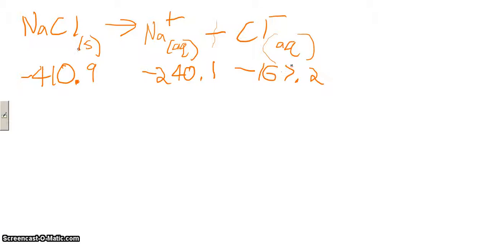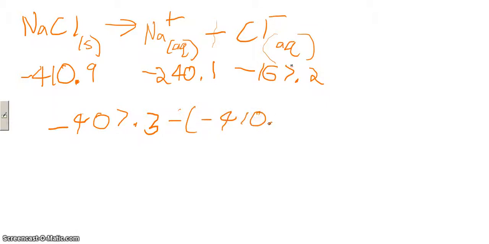Then we add up the reactants and the products, and we get negative 407 minus negative 410.9, which yields 3.6 kilojoules per mole.